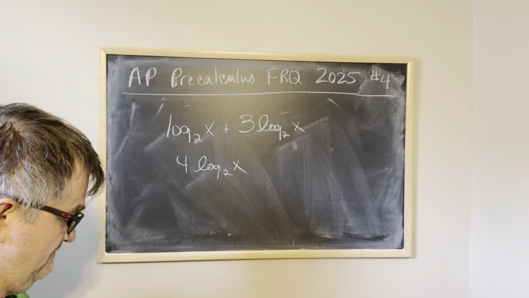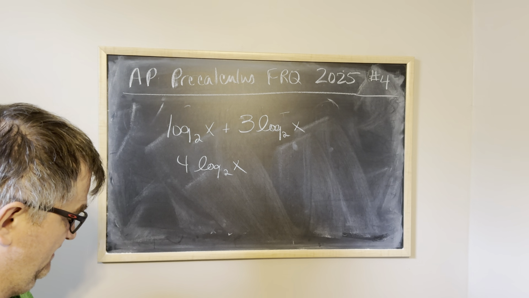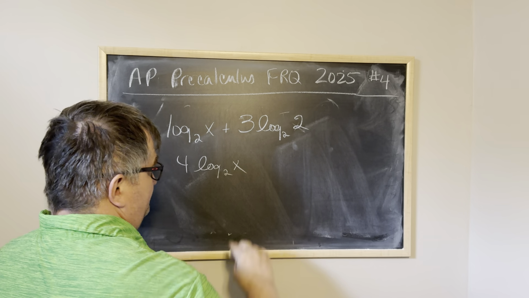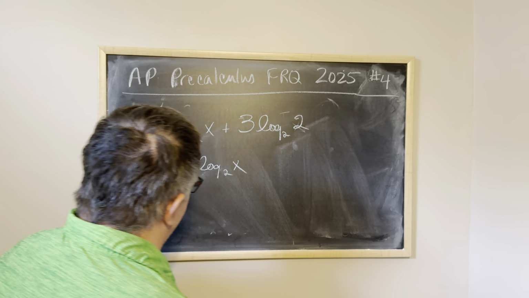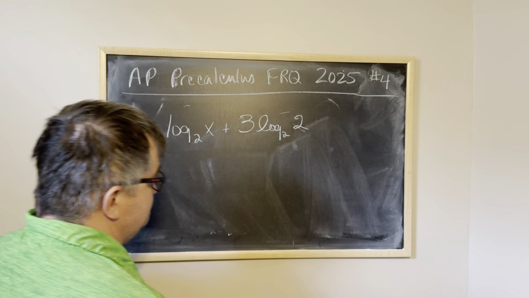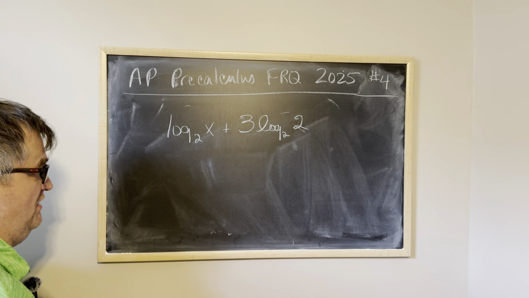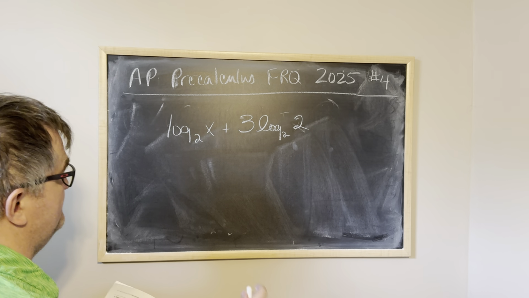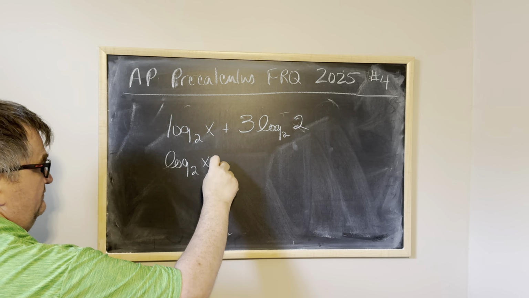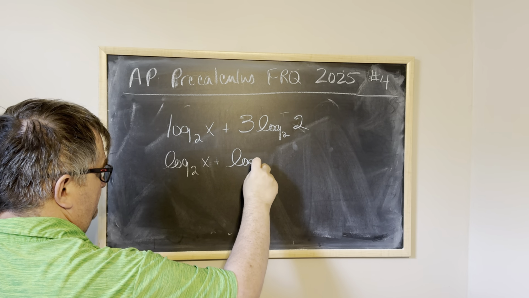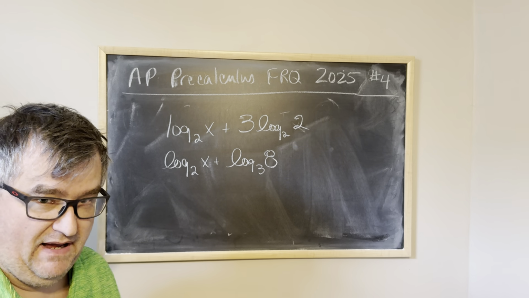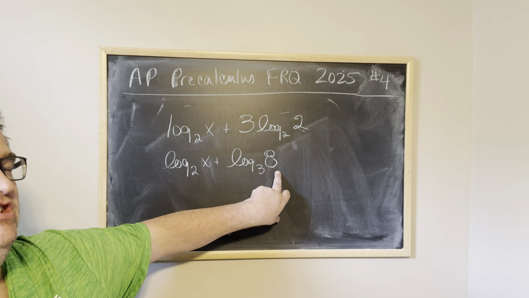So, the issue that you're going to have is this is a 2. I miswrote that, so let's go ahead and reset. This is the expression. And so the first thing we need to do is recognize that. We just put the 3 back in. This is 2 cubed.